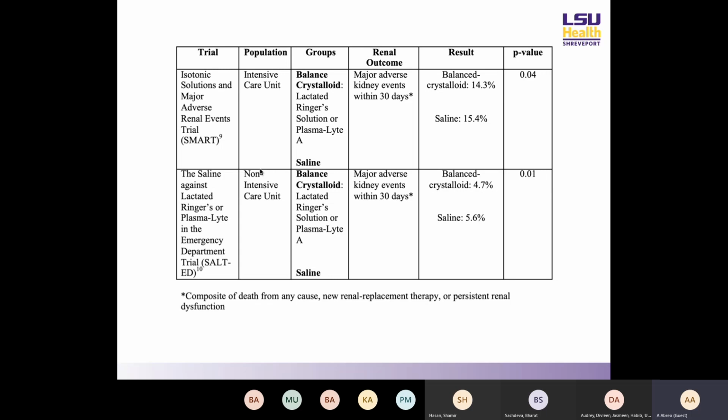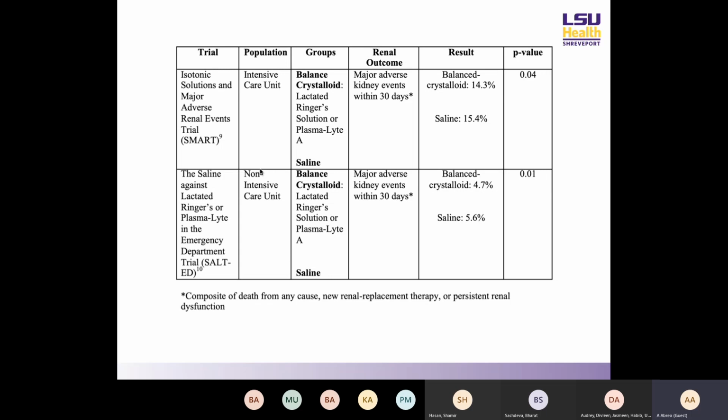But when they looked at this composite renal outcome, which was new renal replacement therapy or persistent renal dysfunction, the risk of major adverse kidney events within 30 days was not the same between the 2 groups, and there was a slightly higher increase of these adverse kidney events within the first 30 days in those who received saline versus the balanced crystalloid.